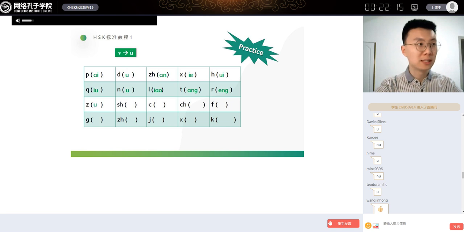It should be this. 租 it's not o. If it's o, I will read 周. It's o, 周. Okay, next one.